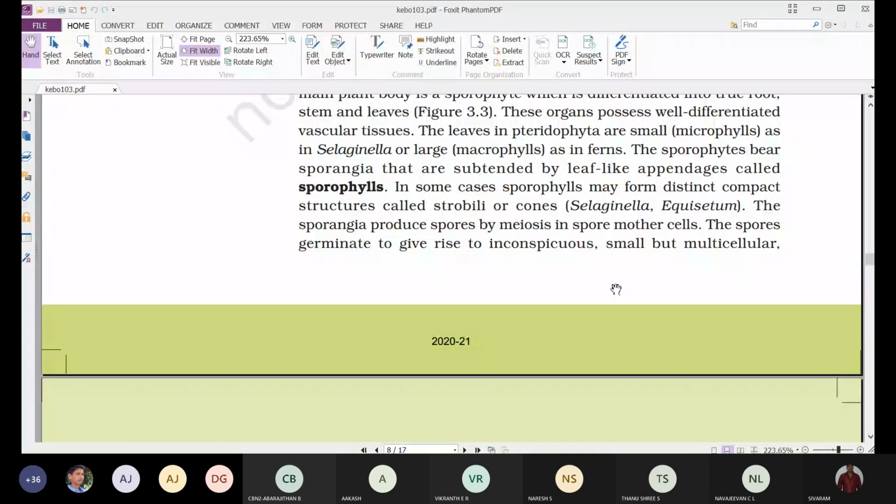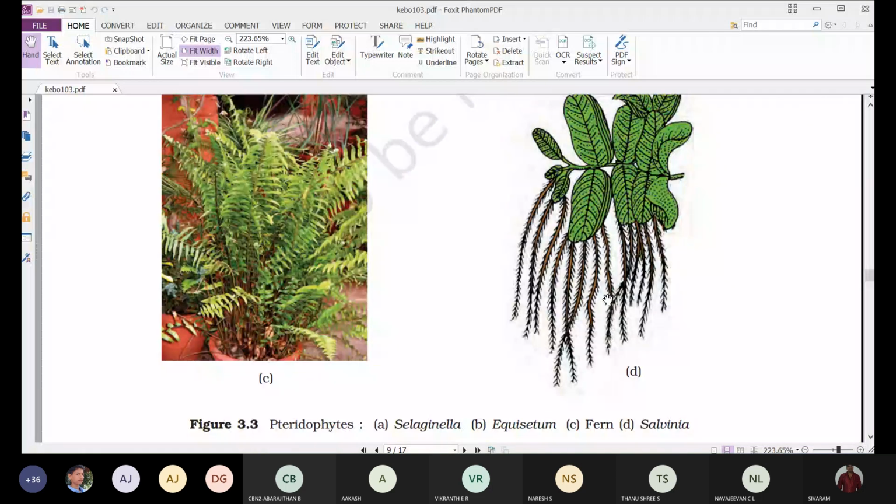Free living, mostly photosynthetic thalloid gametophytes called prothallus. So the sporangia present on the sporophyll possess spore mother cells, and these undergo meiosis and produce haploid spores.